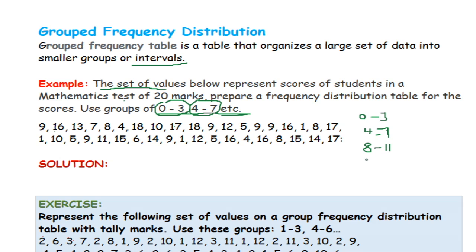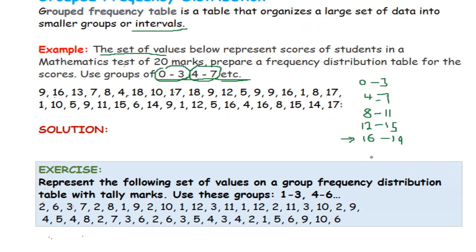The next class interval will start from 12 and end at 15. If you count 12, 13, 14, 15, it comprises 4 digits. Next will be between 16 and 19: 16, 17, 18, 19, also 4 digits. The next group is between 20 and 23: 20, 21, 22, 23, so there are 4 digits.